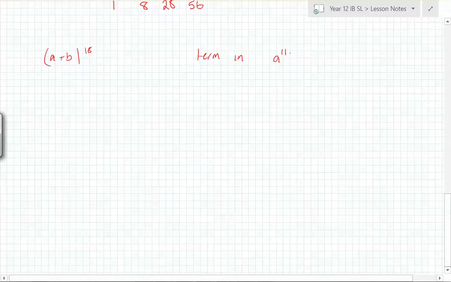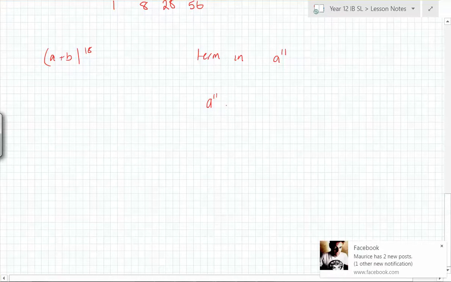Okay, I want you to tell me that term. So you would start by writing, well, it's a to the power of 11 times what? B to the power of 7. Okay? Make sense?